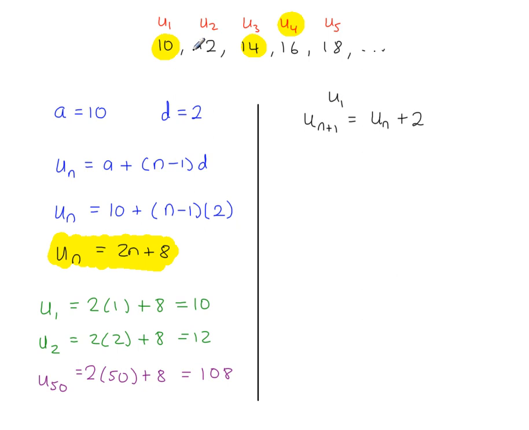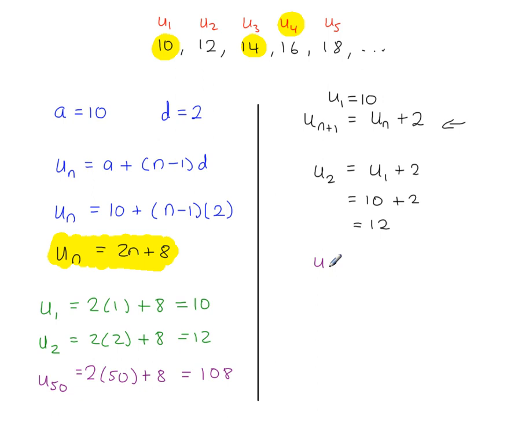So u1 here is 10, and then to generate the next term I'm going to use this recurrence relation and say that u2 is equal to the previous term plus 2. The previous term is 10 plus 2, so we get 12.